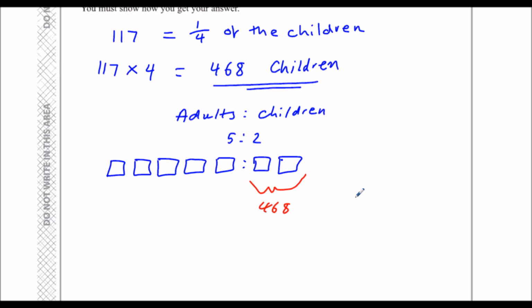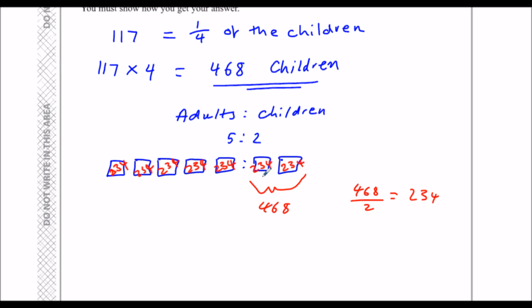Half of 468 is 234. So we know each of these parts is 234.